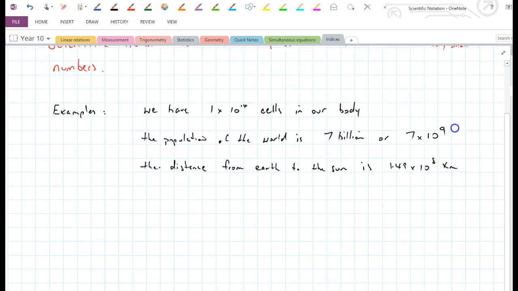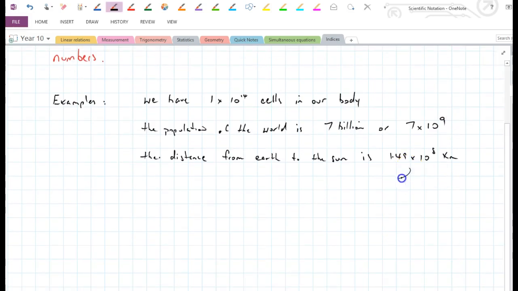Okay, so how would we write that as a number if we needed to? So 1.49 times 10 to the 8. This 10 to the 8 means take this decimal place and shift it 8 spots. 1, 2, 3, 4, 5, 6, 7, 8. So to approximate, I'd fill with zeros here, and that's what it would look like.